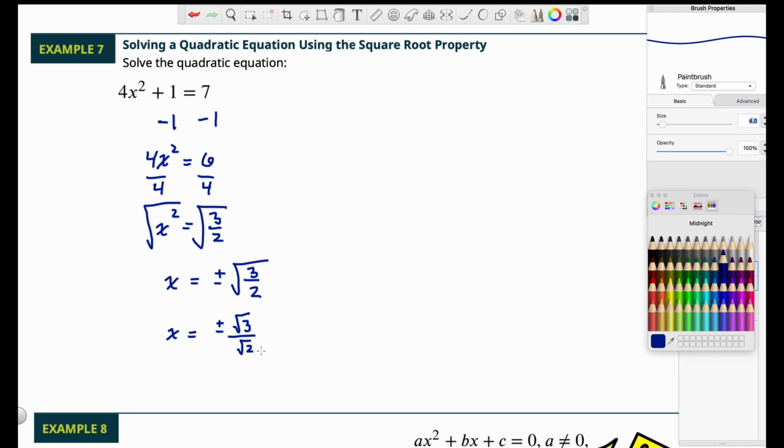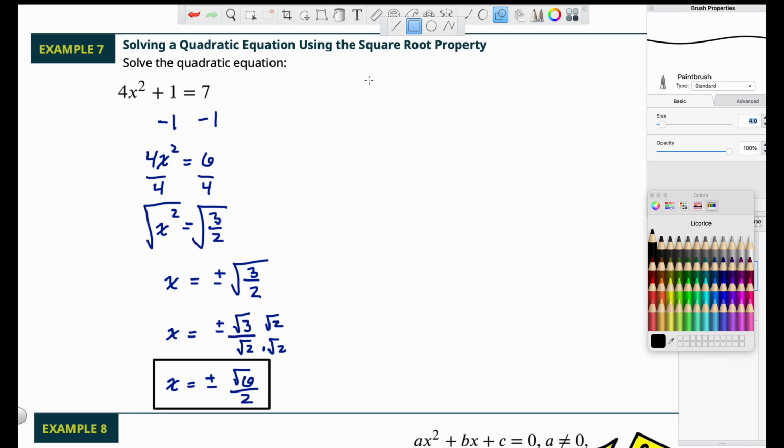And now what do we do to get rid of the radical in the denominator? We multiply top and bottom by root 2, and this will give us plus or minus root 6 over 2. Root 2 times root 2 is root 4, and the square root of 4 is 2. And this is our final answer right here.